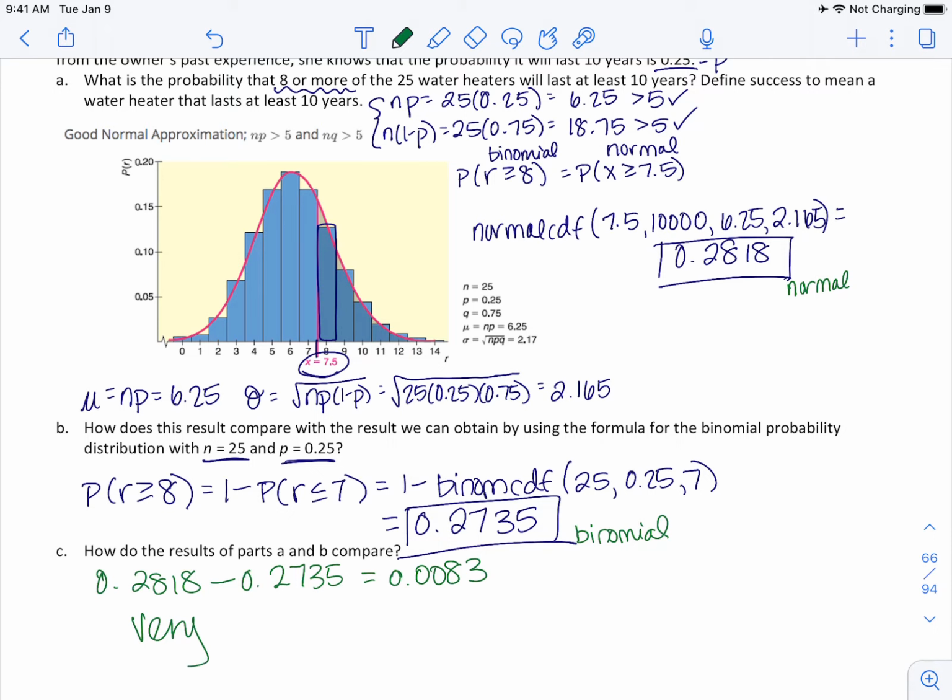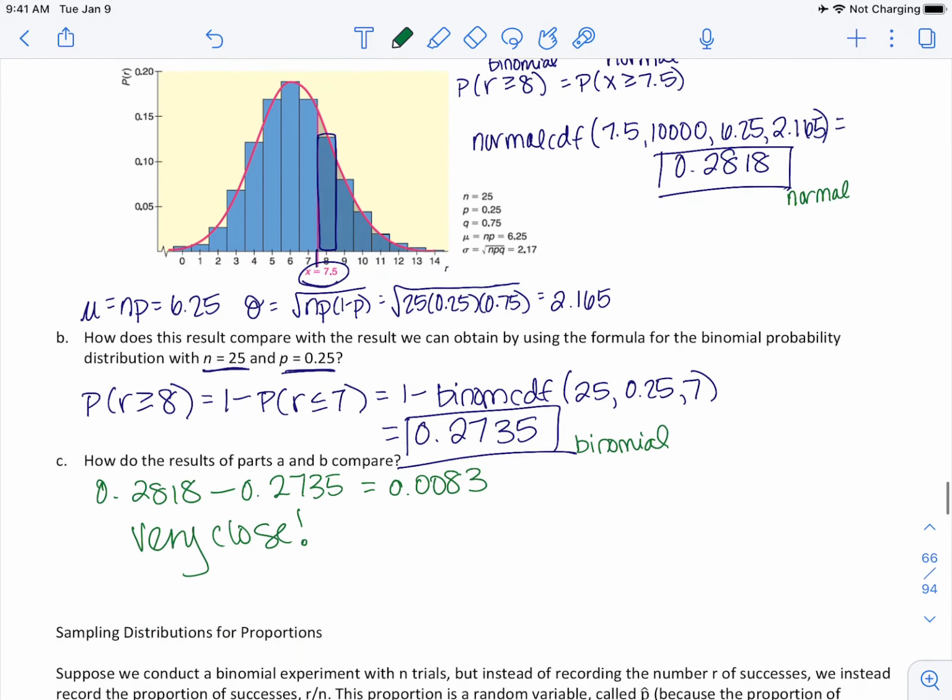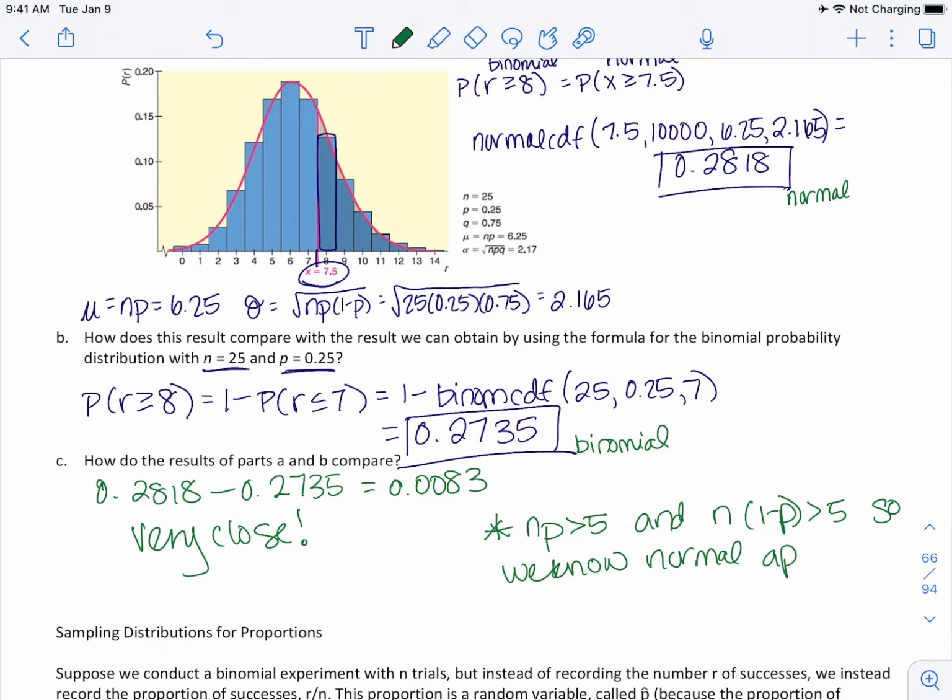And this is very close. Again, in the beginning we showed our n times p was greater than 5 and our n times 1 minus p was greater than 5. So we know the normal approximation should be close to the binomial.